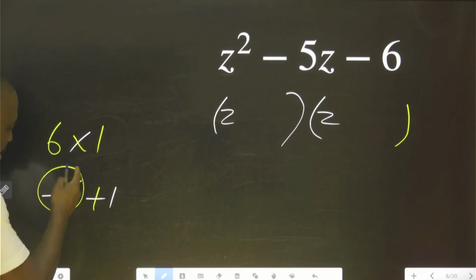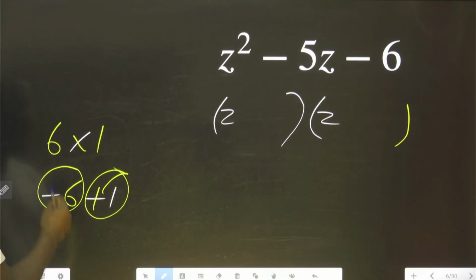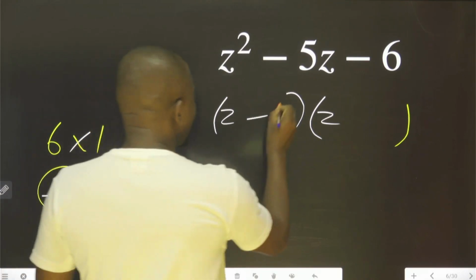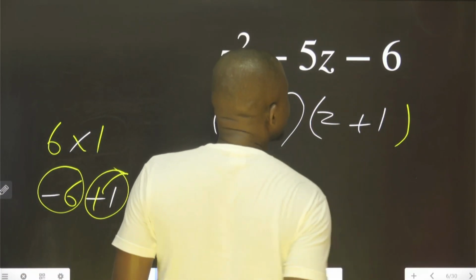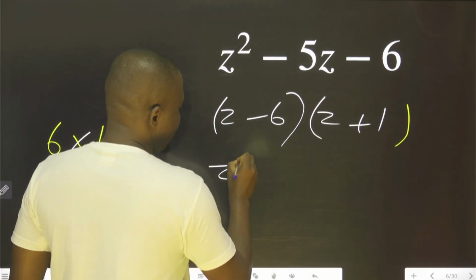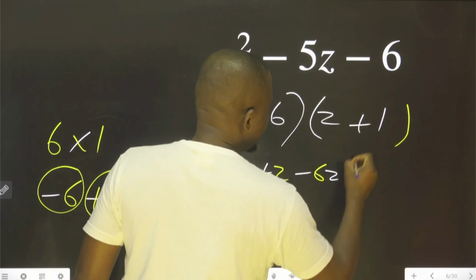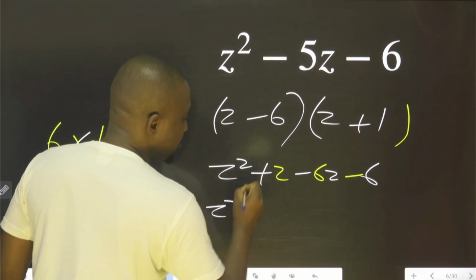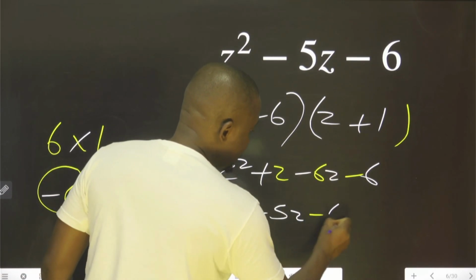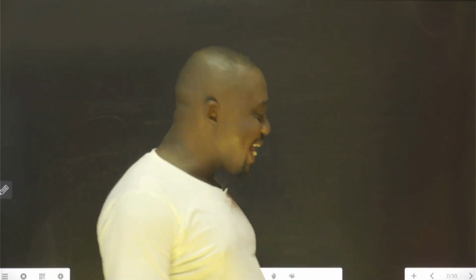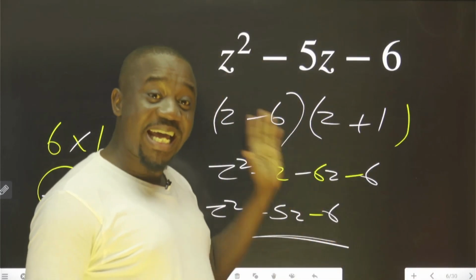So, if I multiply these, I will have minus 6. If I bring them together, I will have minus 5. Therefore, it's minus 6 and plus 1. Let's expand this. The same thing. Very direct. That is fast and easy method.